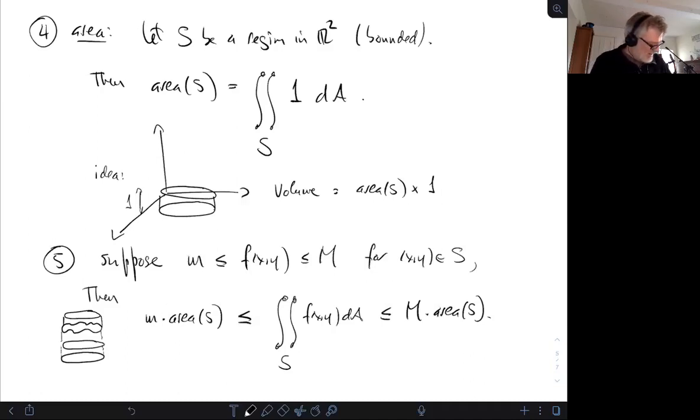But anyway, so this is S. This length is little m. This length is big M, and this is the graph of your function f.